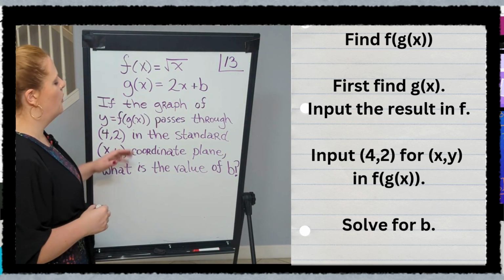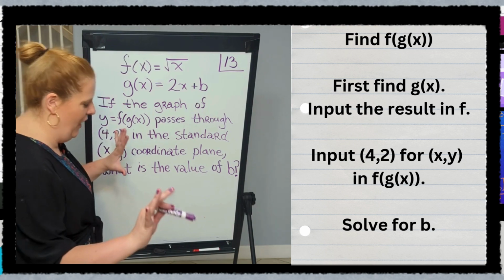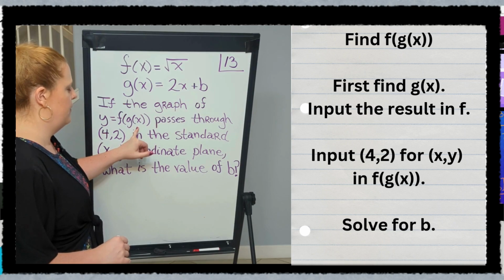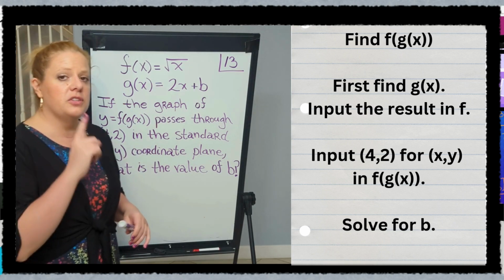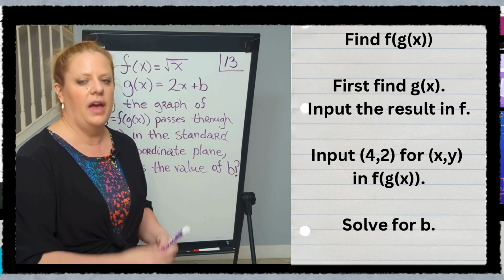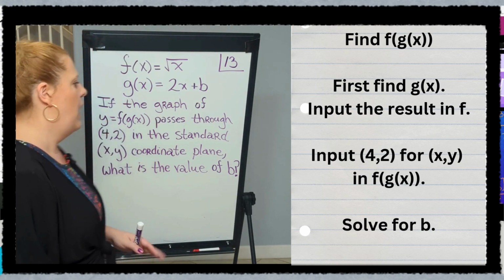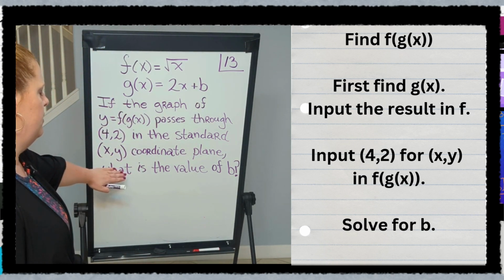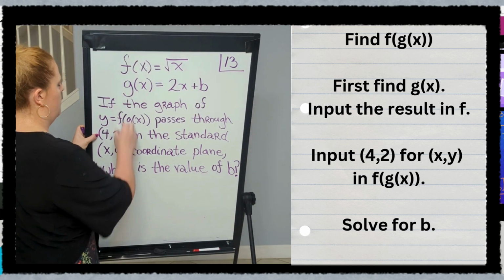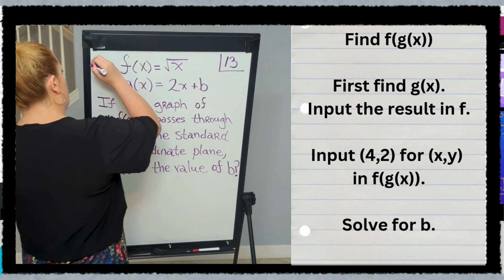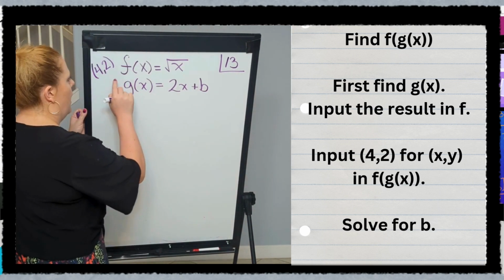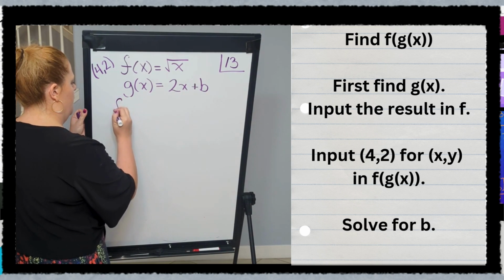Okay, so we have, first of all, a compound function, f of g of x. So my first step is I'm going to figure out what f of g of x is. I'm going to erase this part of the problem in order to do that. I'm going to write (4, 2) up here in the corner, so we remember that point it passes through. f of g of x.